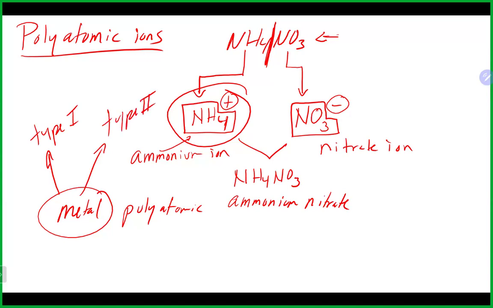Basically, do you need a Roman numeral or not? If it is a type 2, you will again have to figure out the charge on the metal and use the appropriate Roman numeral. Any questions on that stuff that we talked about last time?